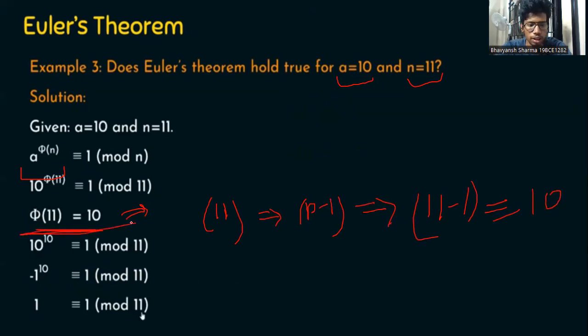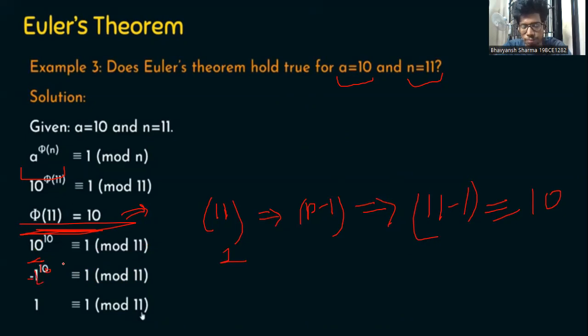So we have 10 to the power 10 mod 11. Since it would require a calculator to compute directly, you can find a shortcut for calculating 10 to the power 10 when you have to take modulus by 11. 10 is falling short of 11 by how much? By 1. So you write it as minus 1 to the power 10.